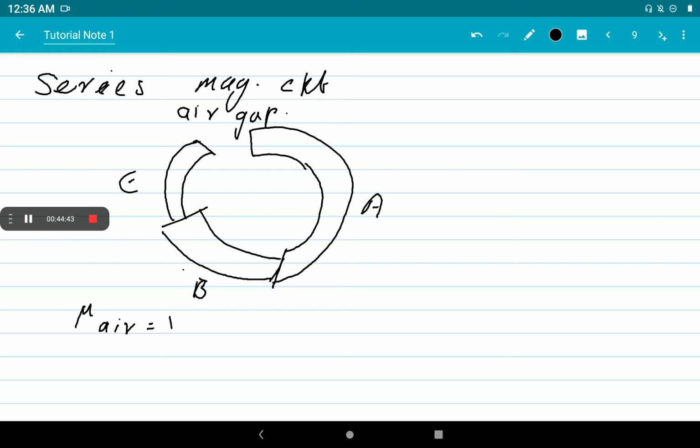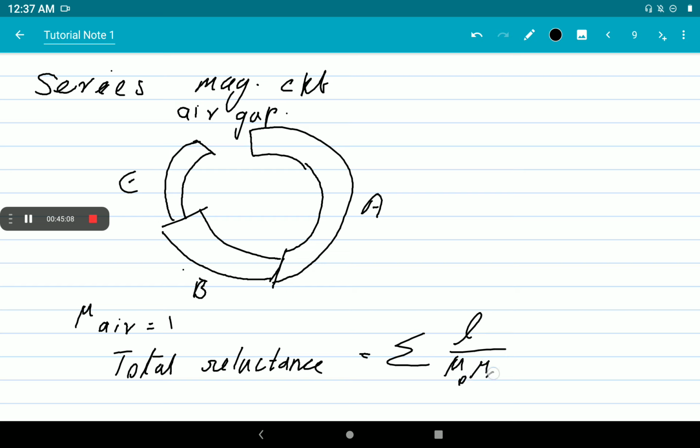So we can write, in a magnetic circuit, the total reluctance is equal to sigma of reluctances. We know that the equation for reluctance is L by mu A, where mu means mu 0 mu r.